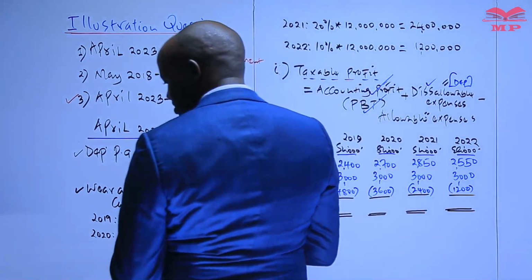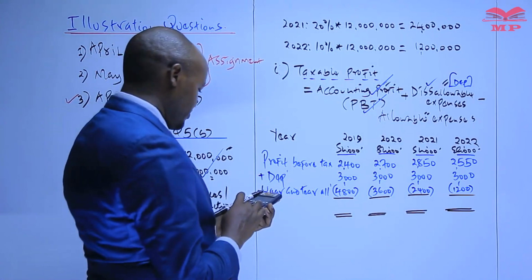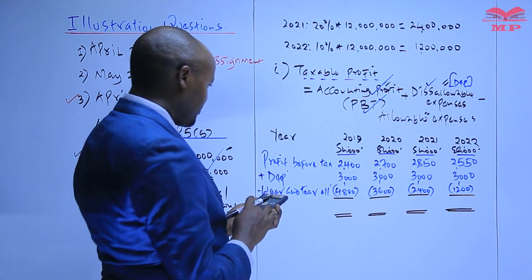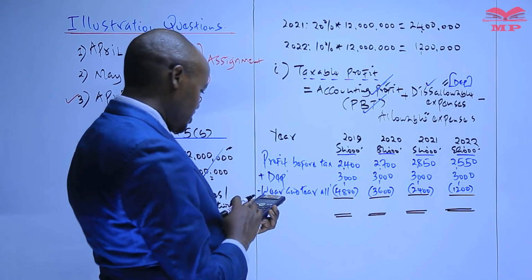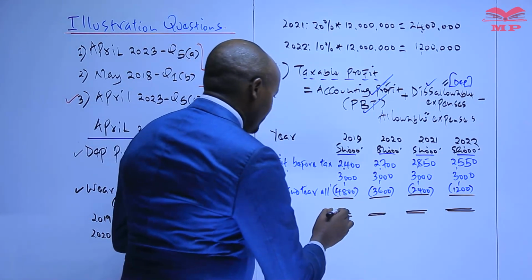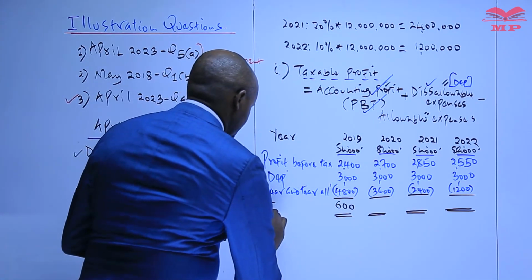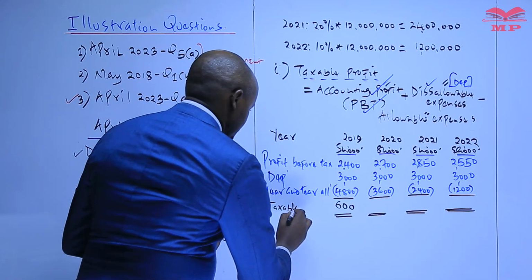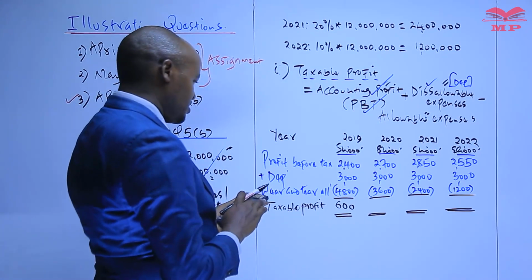So let's compute this taxable profit, starting with the first year. In the first year, we have 2,400 plus 3,000 minus 4,800, which will give us a taxable profit of 600.